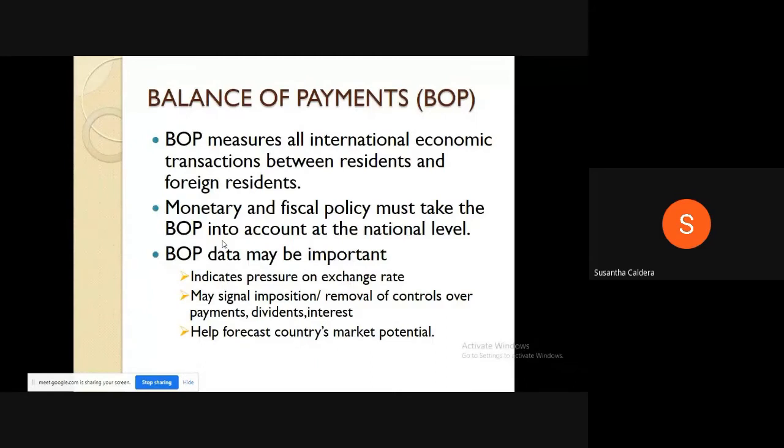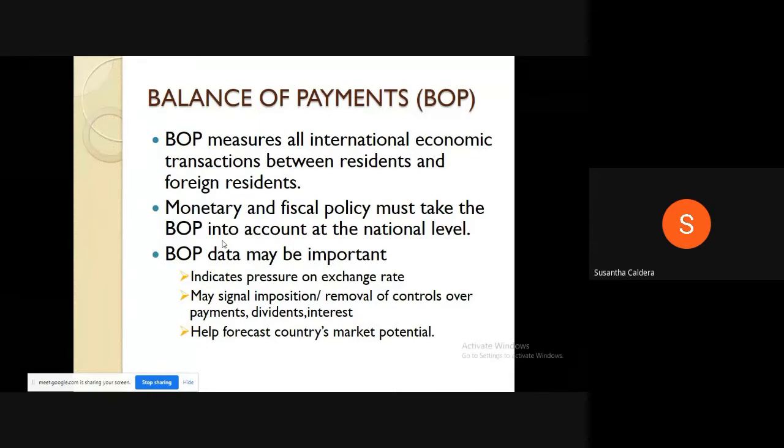BOP data may be important. It indicates pressure on exchange rate, may signal imposition or removal of controls over payment, dividends, and interest, and helps to forecast a country's market potential.